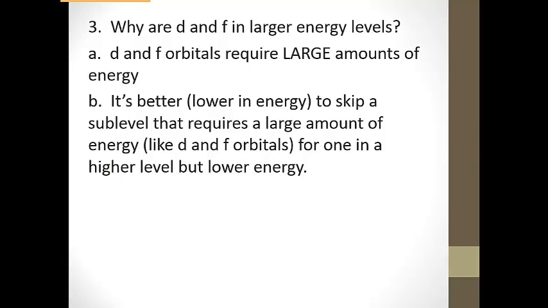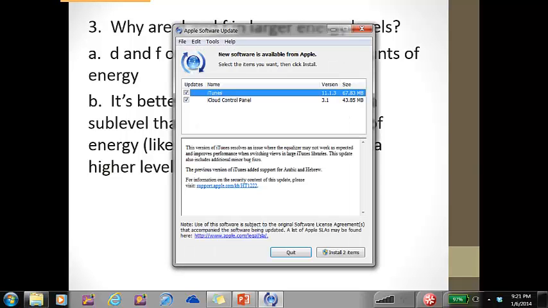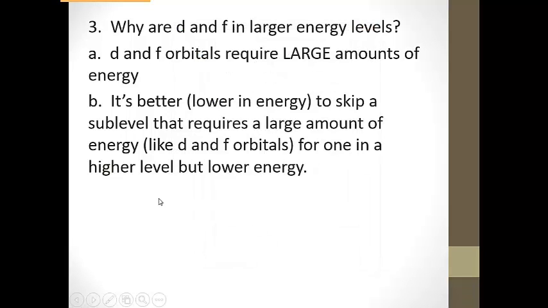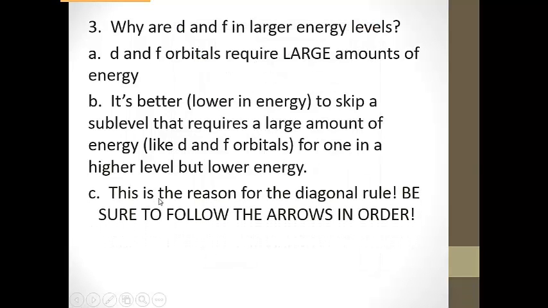It's better to skip a certain sublevel like d or f, and go on to a higher energy level, which actually has a lower amount of energy for the electrons. That's why it's really important to follow that diagonal rule, so that you always know for sure that you are putting your energy levels and your electrons in the proper order.